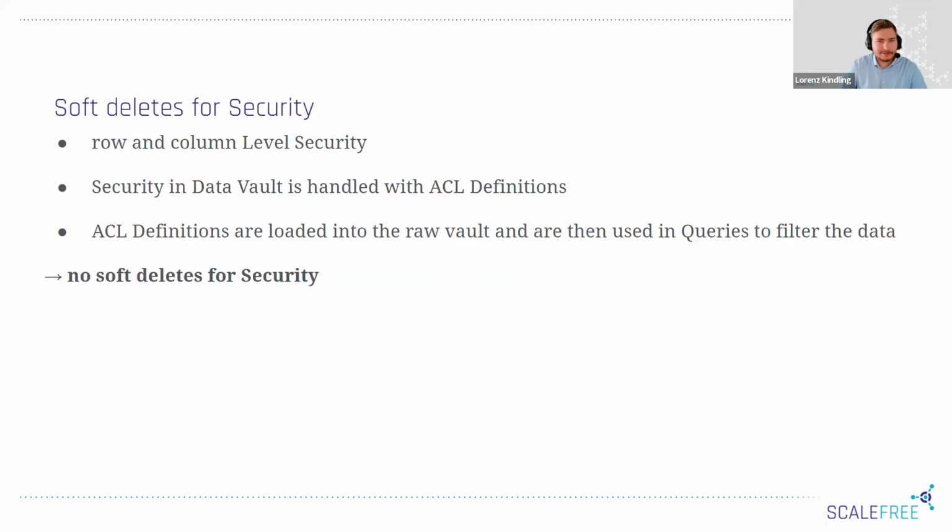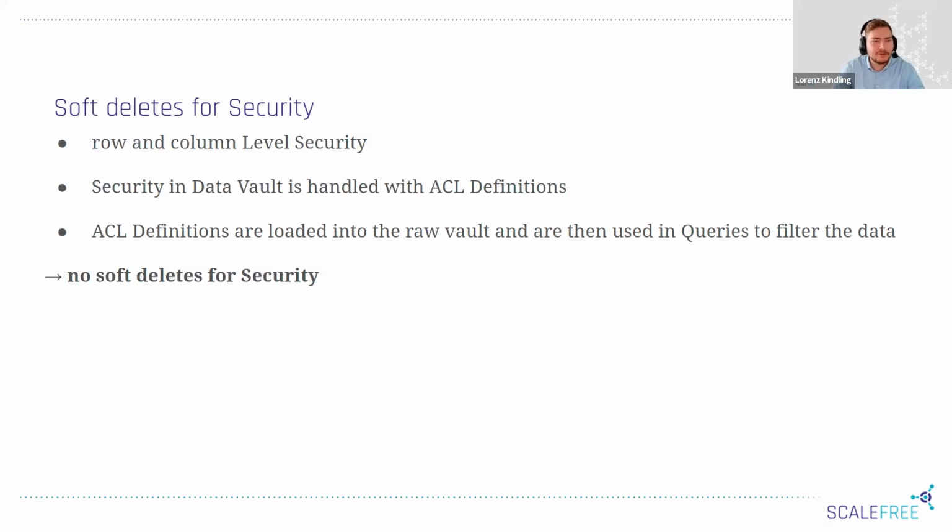For security now, you think maybe the requirements are not that hard, but essentially in Data Vault we do not use soft deletes for security as well, which maybe for some of you is a little bit new.